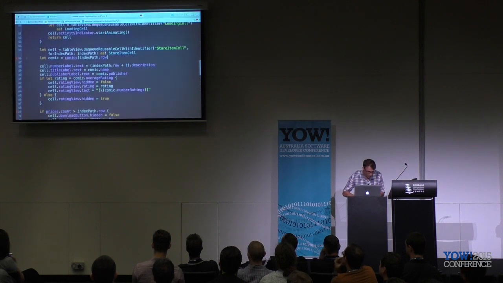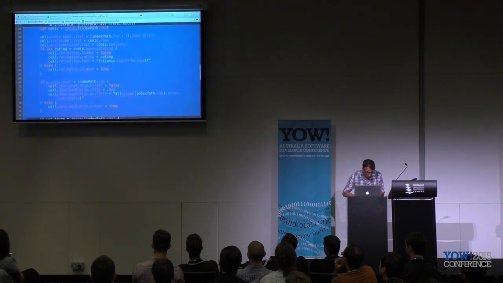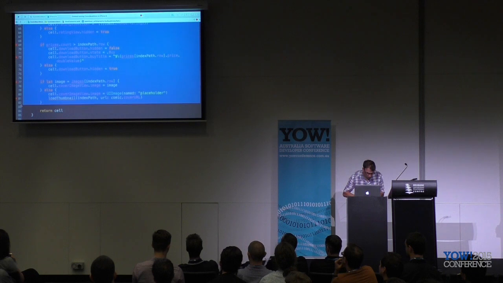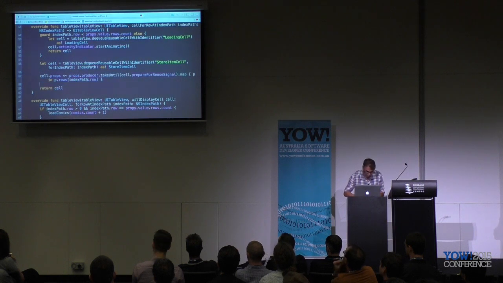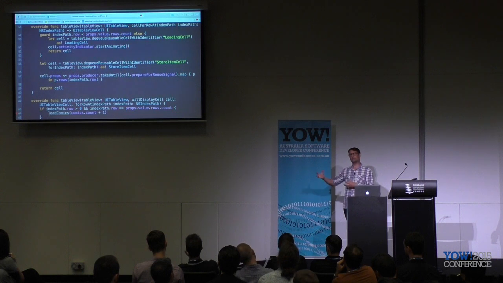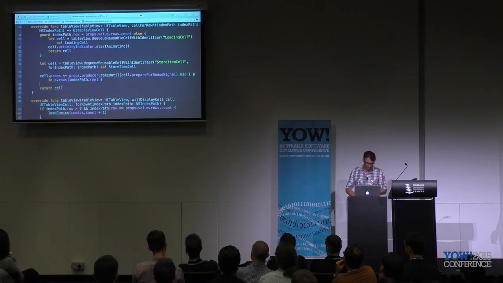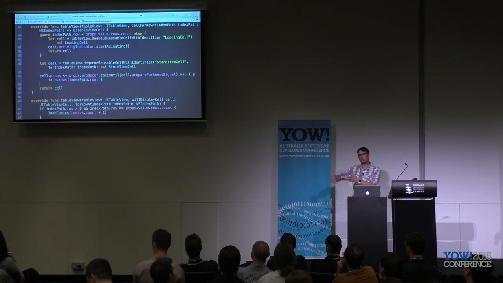So what I can do now is I'll get rid of all of my rendering code out of the view controller level, and instead what I'm going to do is bind the props object at the cell level to the props object at the view controller level using this natty little operator. And basically it's going to automatically update.